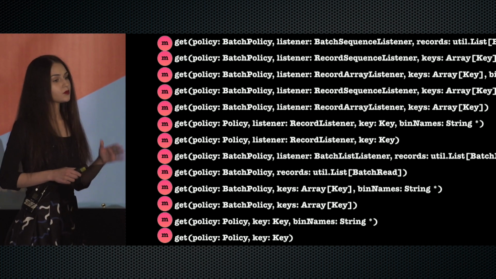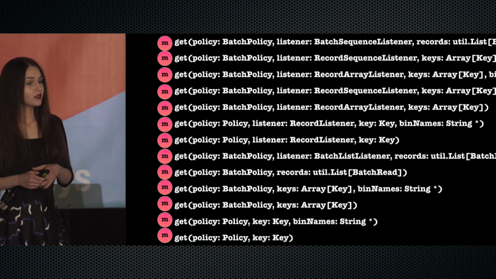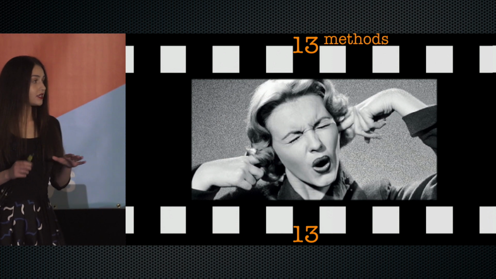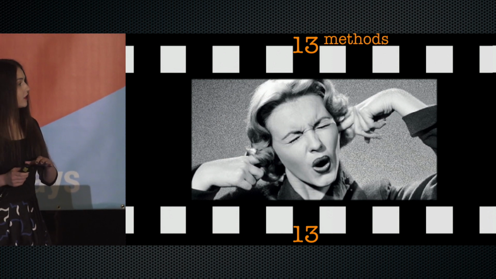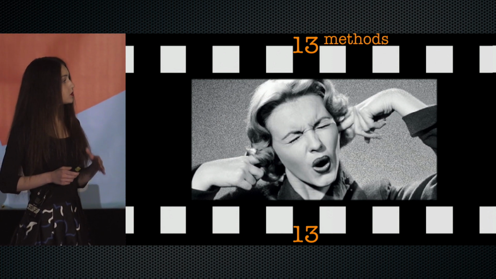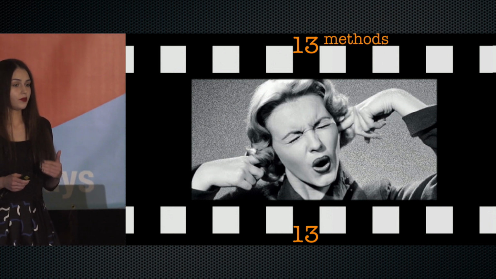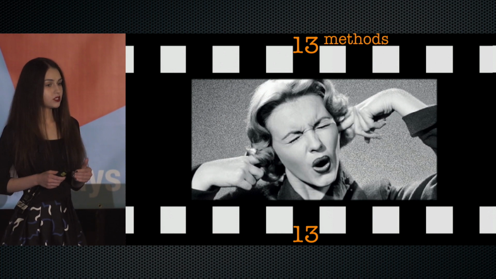All I want to do is get one string from the storage. Is that too much to ask? 13 methods. And that's not all of my problems, because these methods will return me an object, and I will have to write parsing functions for every possible type, which is a lot of work.